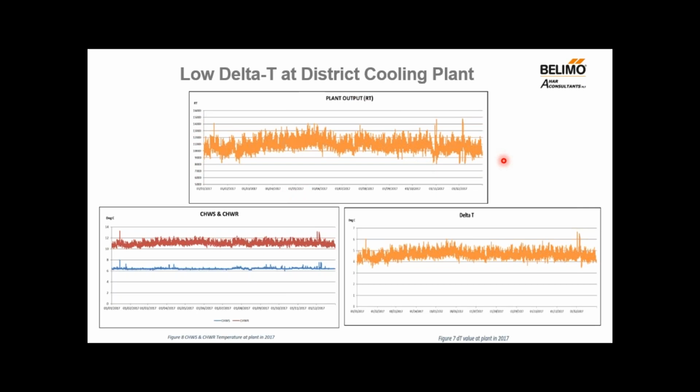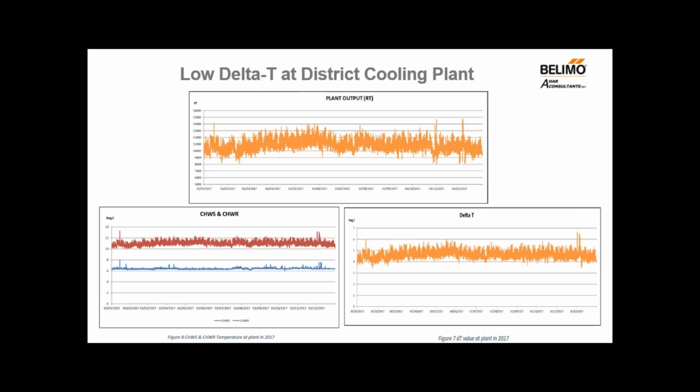Although the chill water supply temperature is very constant, the chill water return temperature varies between 10 to 12 degrees C, resulting in delta T between 4 to 5.5 degrees C only.